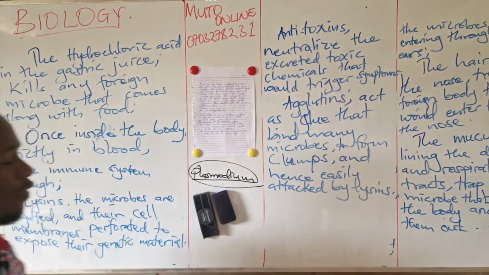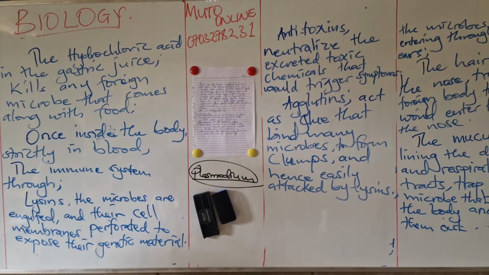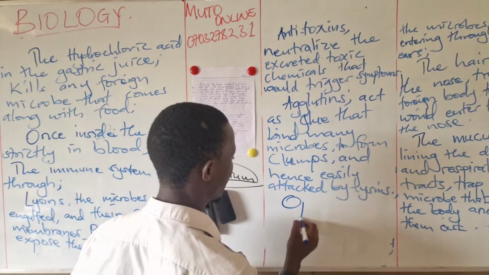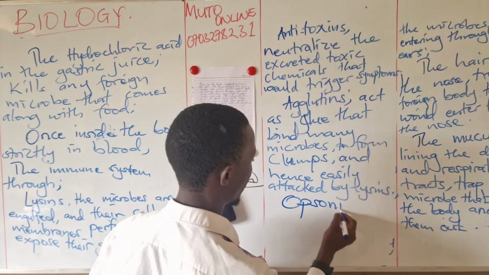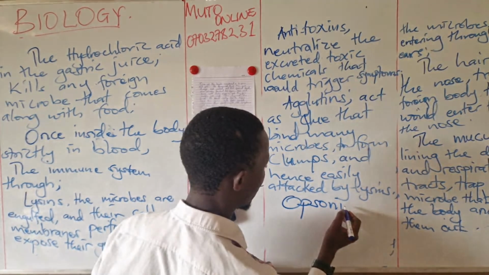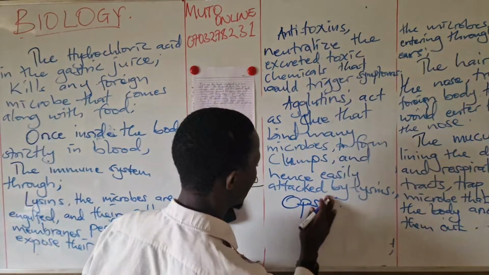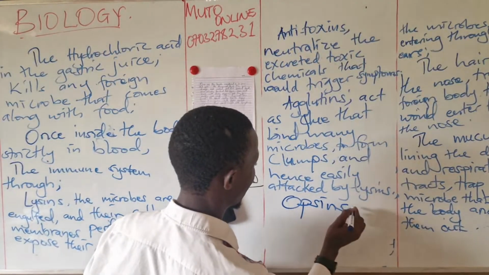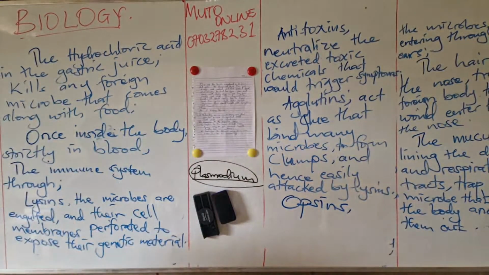We are looking at the different ways the body defends itself against infections. We can talk of the opsonins. They fight for the body by a process we call opsonization.